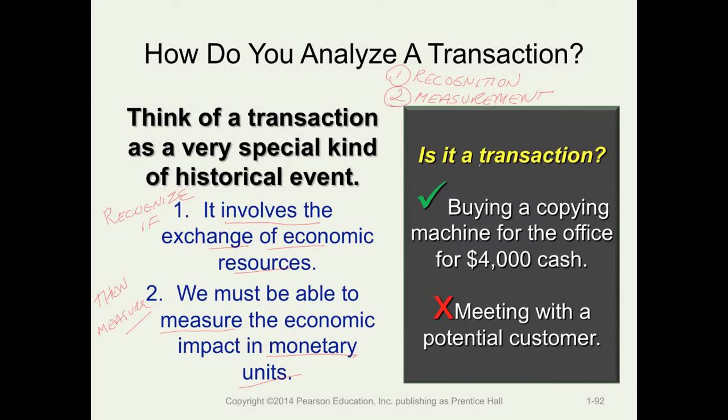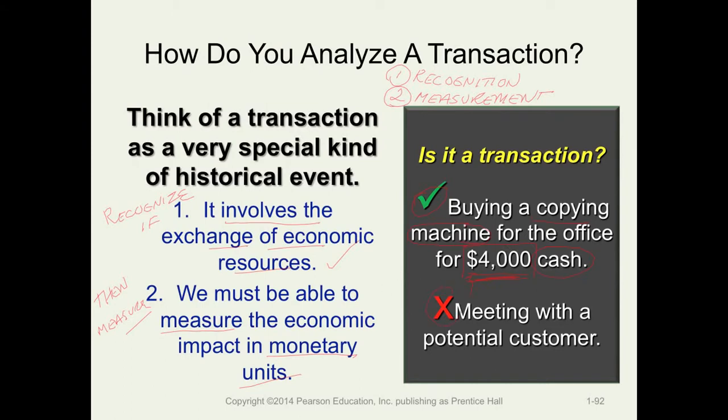So if we take a look at the example, is this a transaction? Well, in the first case, it is. Buying a copy machine for $4,000 in cash, first of all, is an exchange of resources. The machine is exchanged for cash. Second, are we able to measure it in terms of monetary units? Yes, its current market price is $4,000, and it's measurable in terms of the dollar.